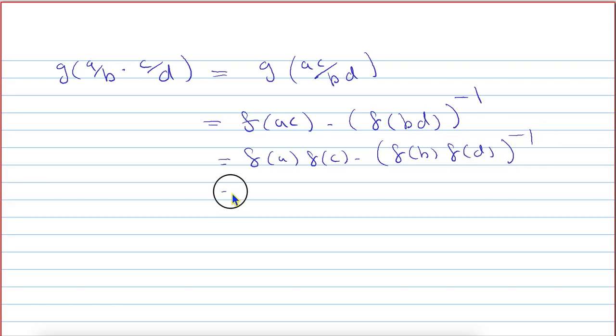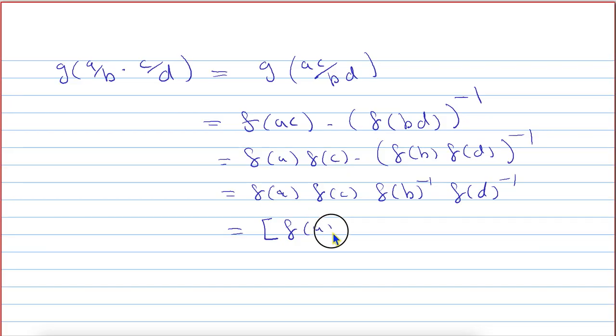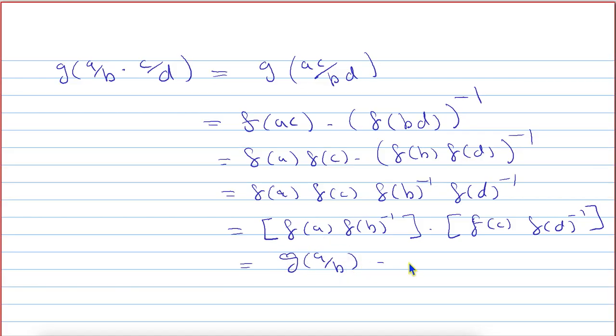This equals F of A, F of C, then F of B inverse, F of D inverse, and we can arrange this as F of A into F of B inverse, then F of C, F of D inverse. And this equals G of A over B times G of C over D.